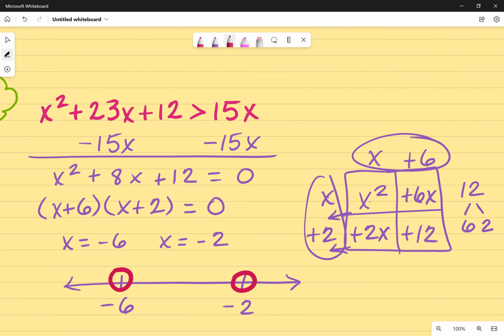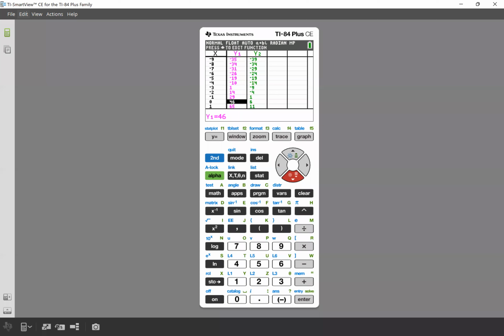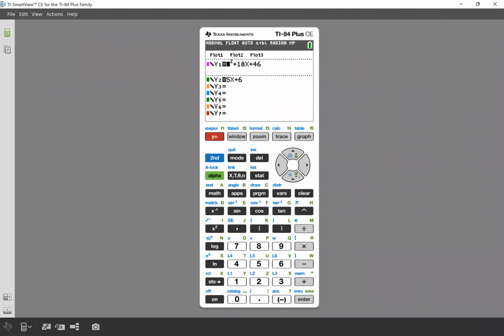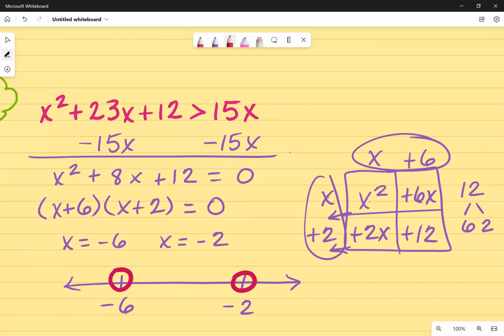I'm looking for some values, but before I can look for values, I have to go back to y equals, clear out anything that's there. You don't have to do this each time. You could manually just, again, take any number that falls in between -6 and -2 and test that out, and then vice versa. Anything that's on the left of -6, anything on the right of -2, but you would have to substitute this 3 times.